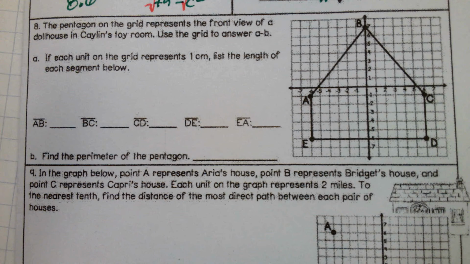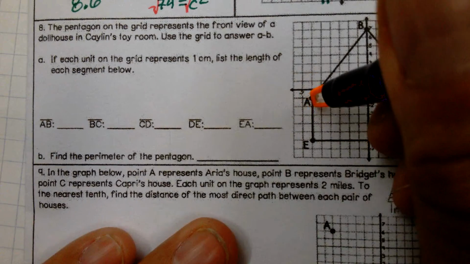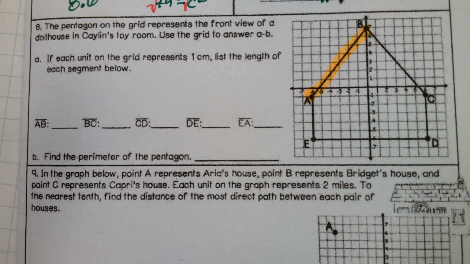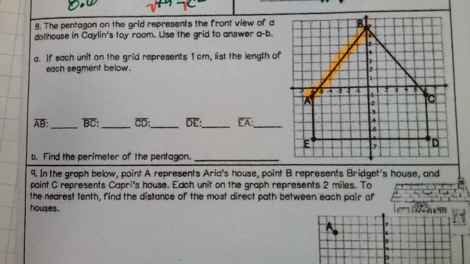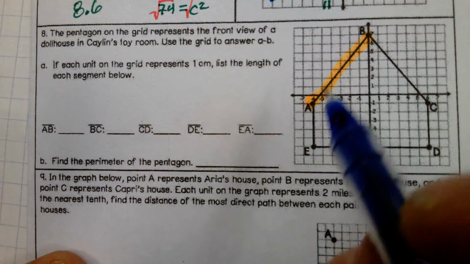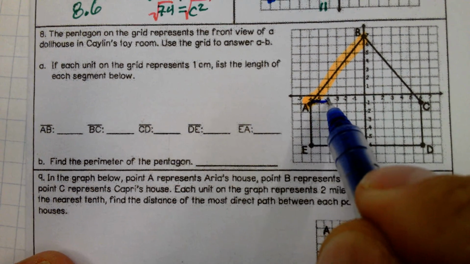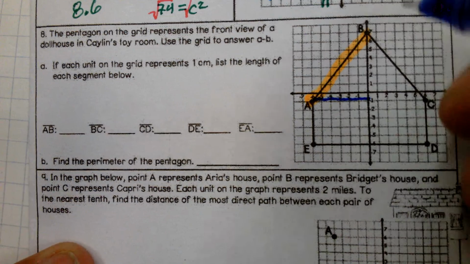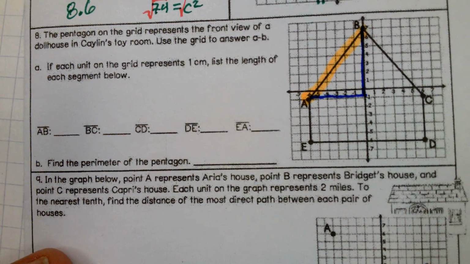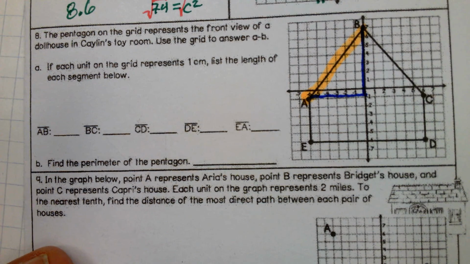Okay, so the first segment we are going to find is AB. This is AB. And so for that one, we do need the Pythagorean theorem. So fortunately for us, we have this to help us out. There's our right triangle.